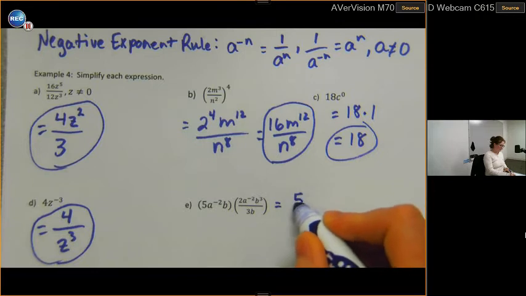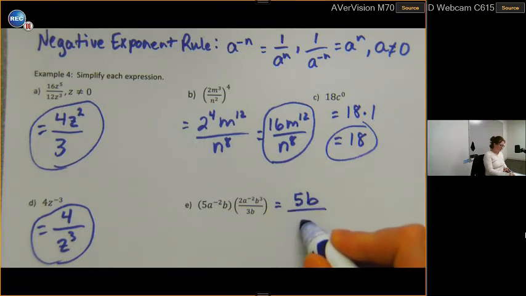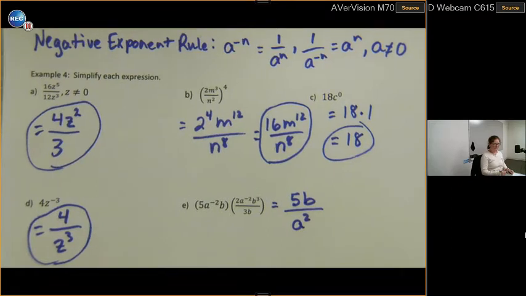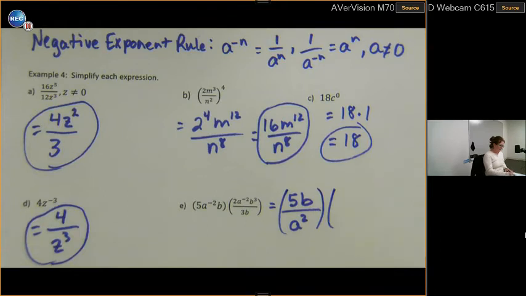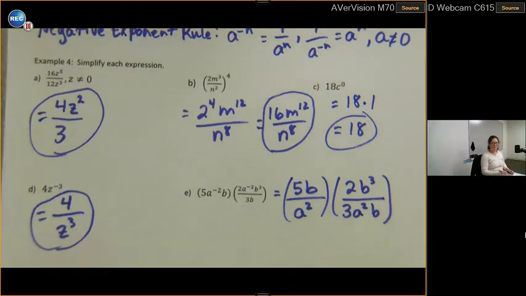So I have 5 and b are okay, but the a needs to go to the denominator, so it's a positive 2. The 2 and the b to the 3rd are okay. The a squared goes to the denominator, and the b stays where it was.